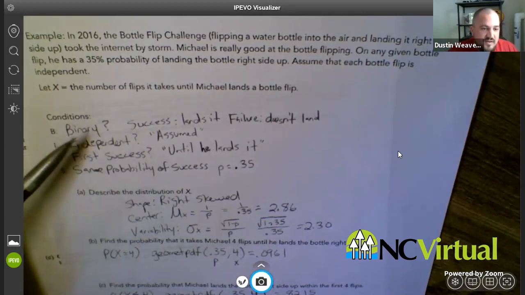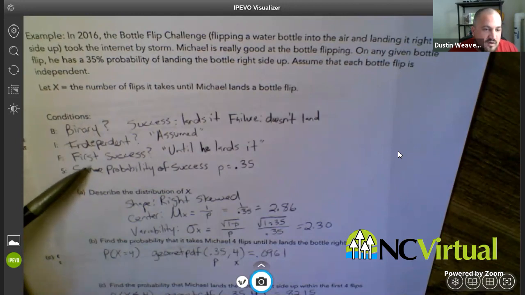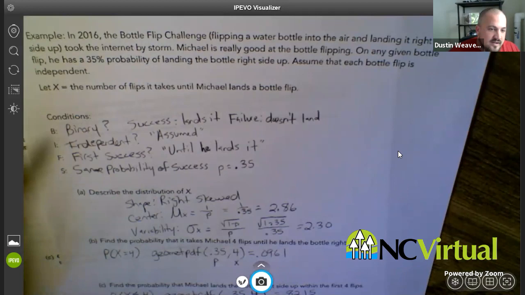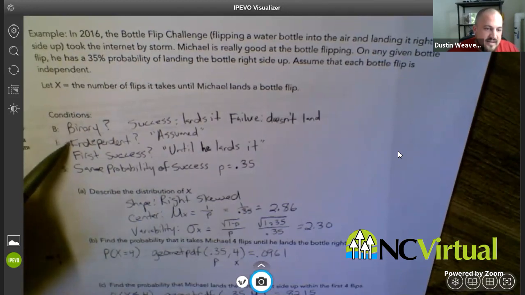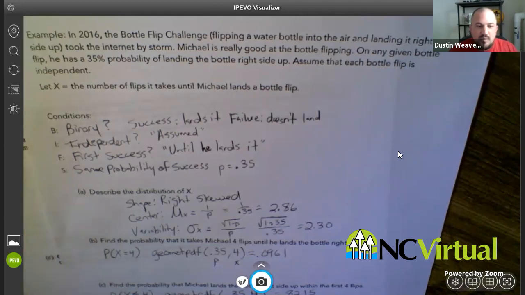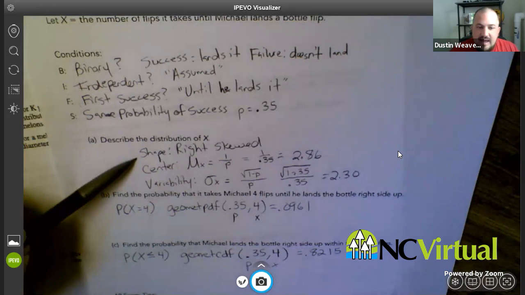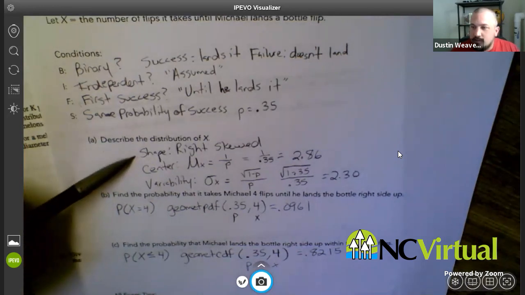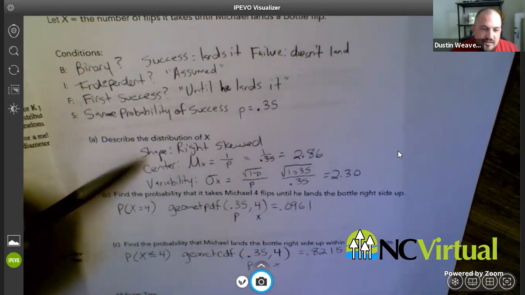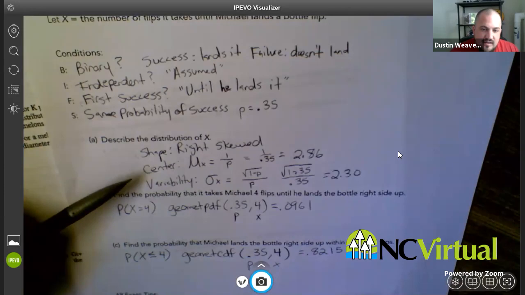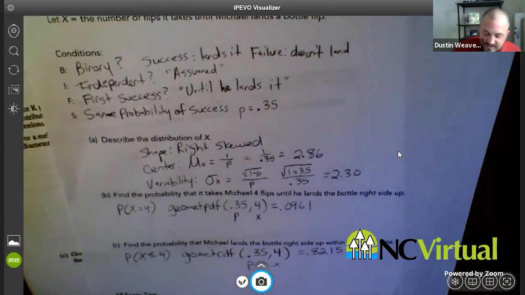So it's binary, independent, how many trials until your first success, and you have to have the same probability of success. If you're describing a distribution, a binomial is always normally distributed, but a geometric is always right skewed. The center is the same and the variability is the same.